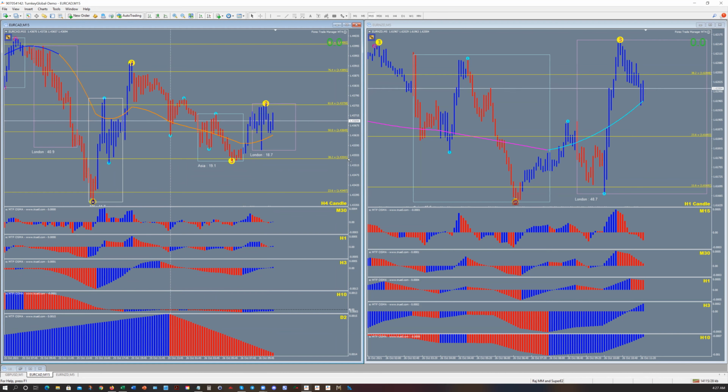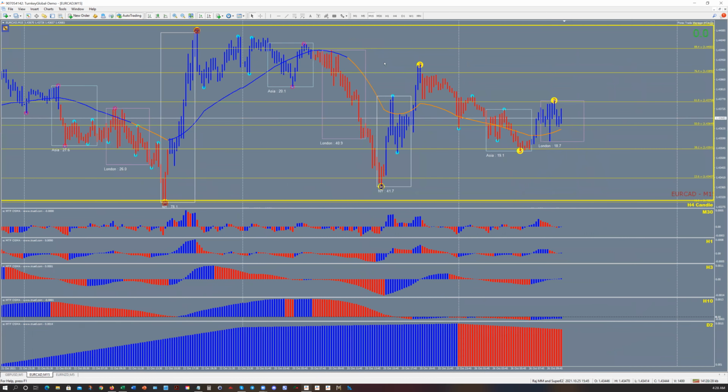There's a box within a box. You understand what I'm saying? It's formed a price structure within a price structure, which tells me it's consolidating. It's not going to do it. Make sense?